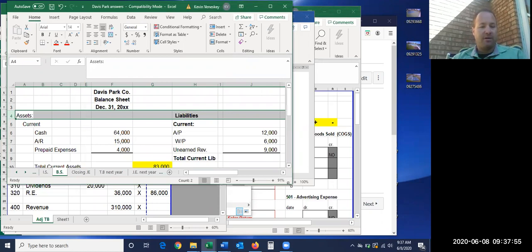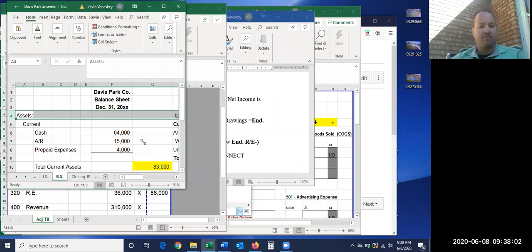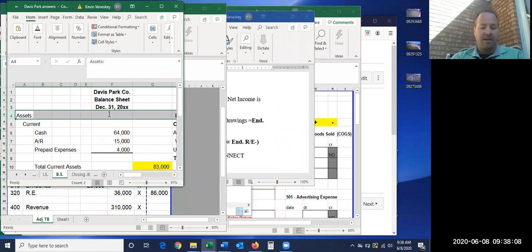So let's go now to our final financial statement. First thing, proper title. And then on this one, we also have subtotal and total.